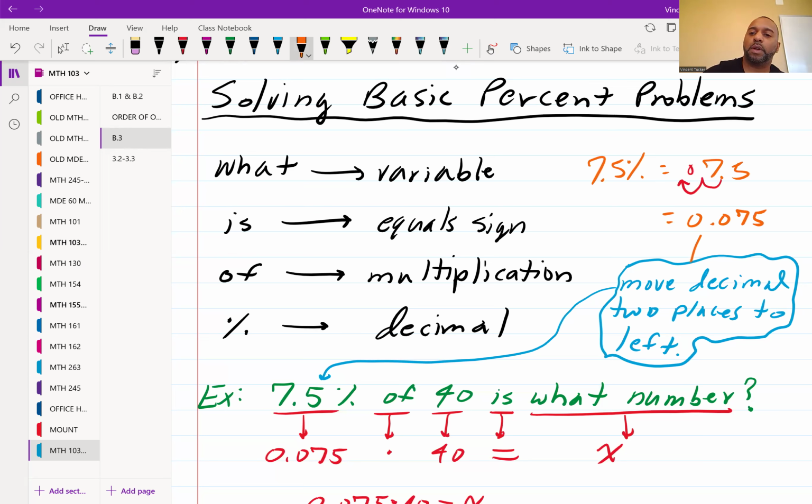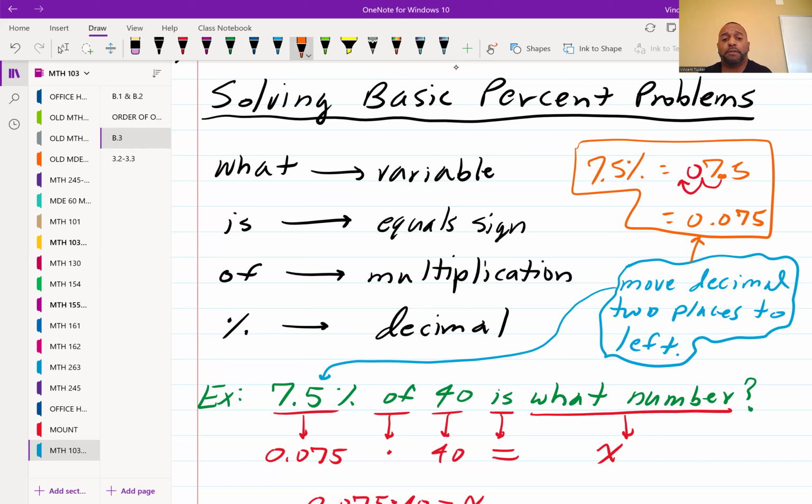Just move your decimal two places to the left, or convert percent to decimal.